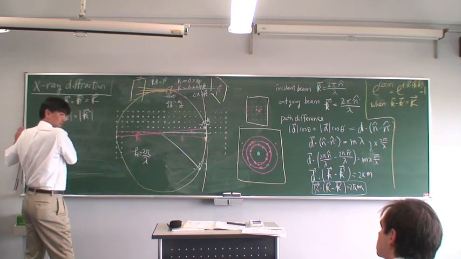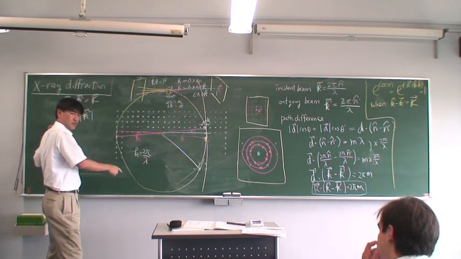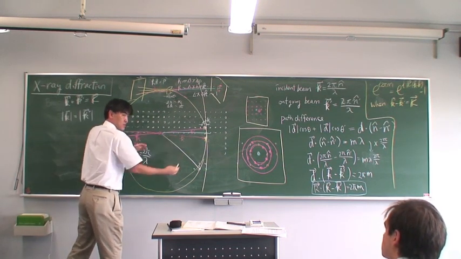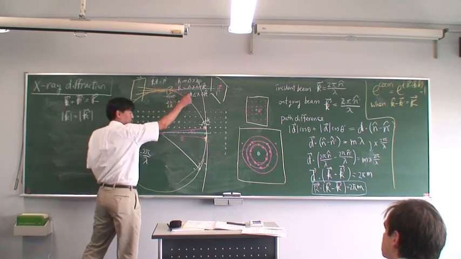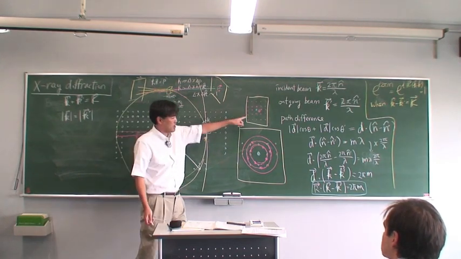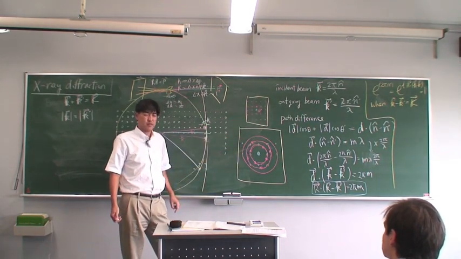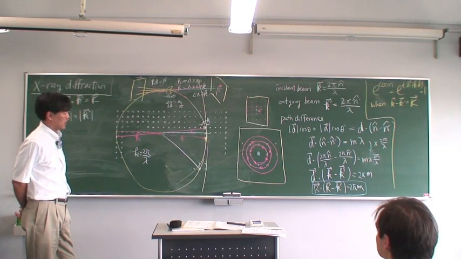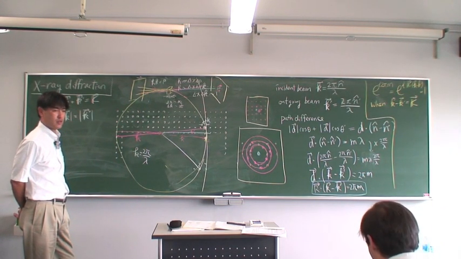It's a huge radius, right? So it's practically flat. This is why we see many diffraction spots like that. Okay?